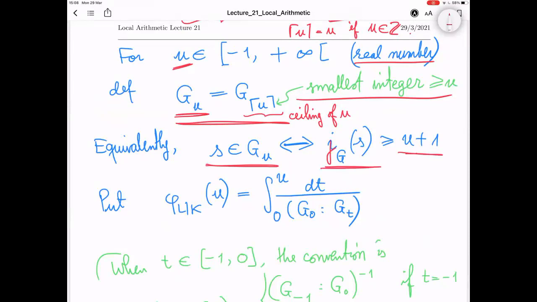Okay, so till now we had this for integers, for U an integer, but now it is valid for any real number U, which is greater than -1.